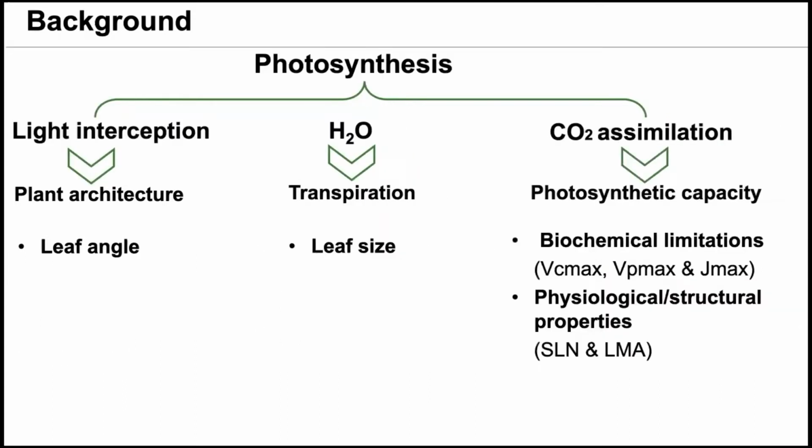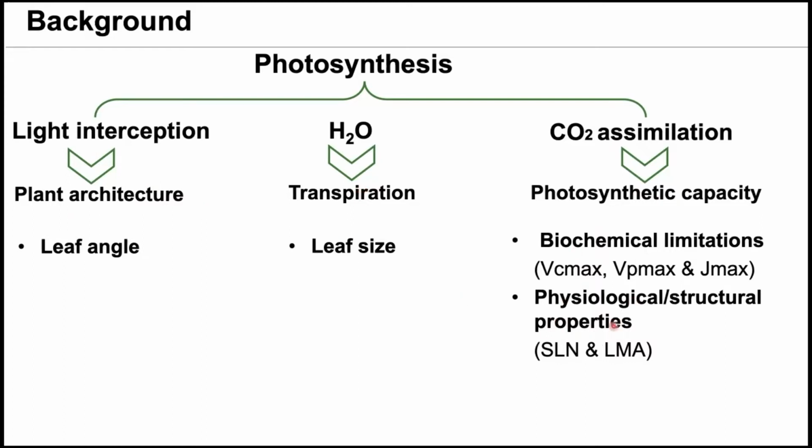In my thesis, I was focused on modifying leaf angle for improving light interception, modifying leaf size to improve transpiration efficiency, and also biochemical and physiological properties for improving CO2 assimilation. But today, I'm not going into details of the first two components.